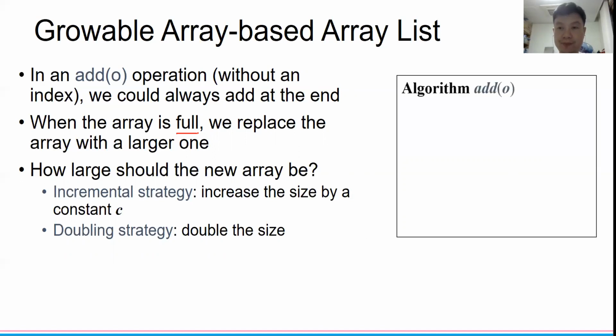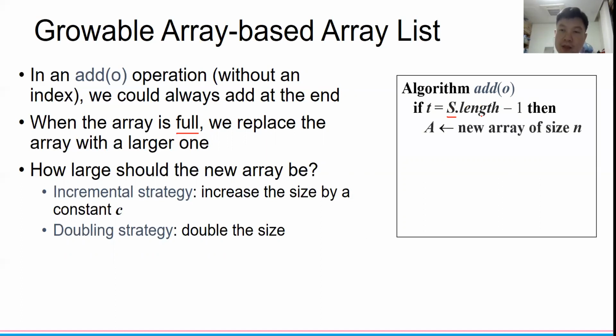So for example, when I want to add an object into the array, let S be the current sequence, and I want to check whether t equals length minus 1. If t is length minus 1, then let A be a new array of size n.